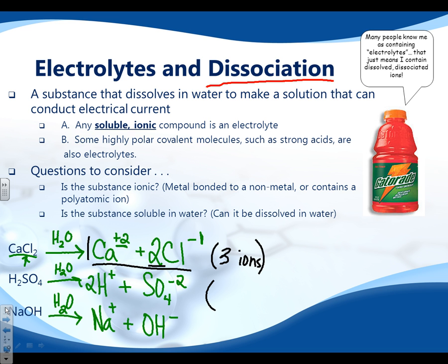I get 2 hydrogens and 1 sulfate ion, so a total of 3 ions. In the bottom one, I only have 1 sodium ion and 1 hydroxide ion, so there I only have 2. So that's going to be a little bit weaker electrolyte. But we know that it's still soluble in water, and it is ionic, so it is an electrolyte.